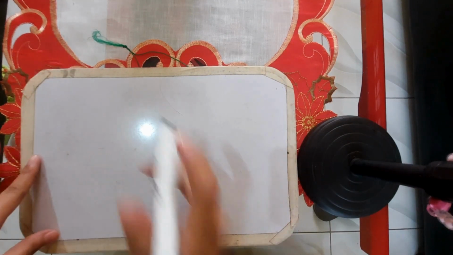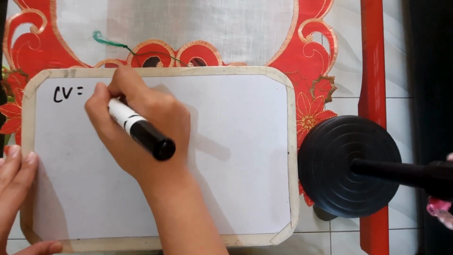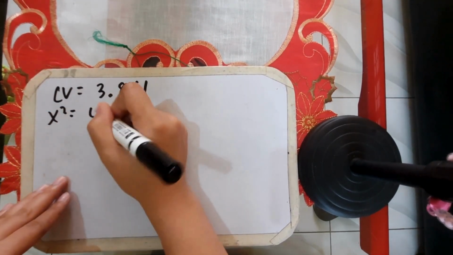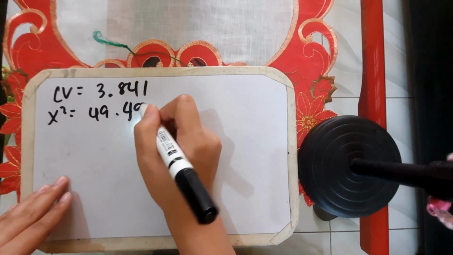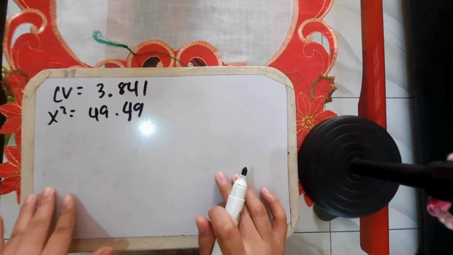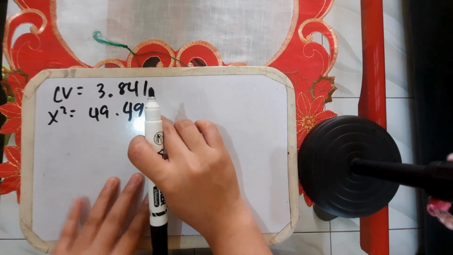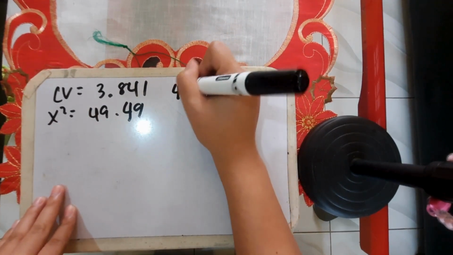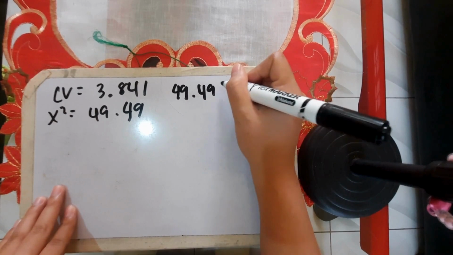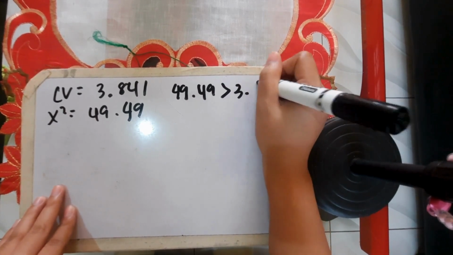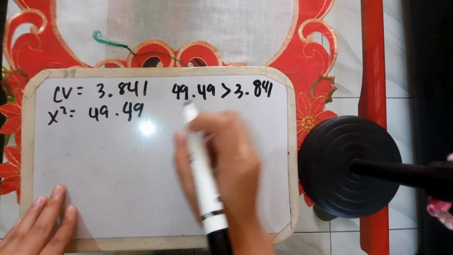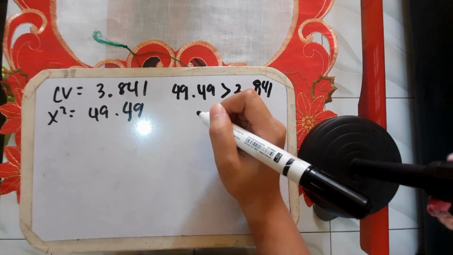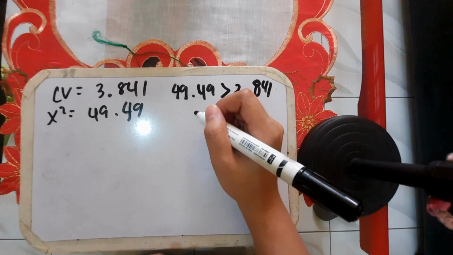Since we now have the critical value 3.841 and the chi-squared of 49.49, we can now interpret the result. Since the chi-squared is greater than our critical value, we will reject the null hypothesis.